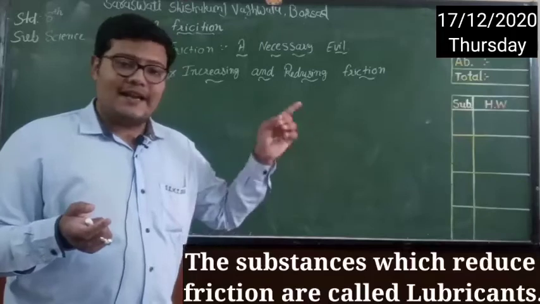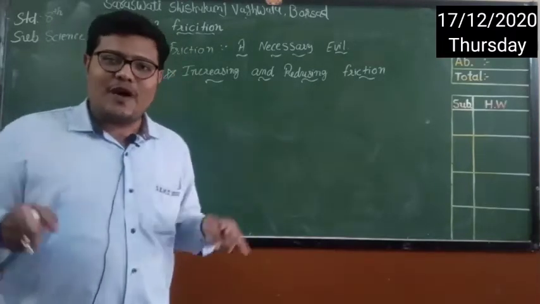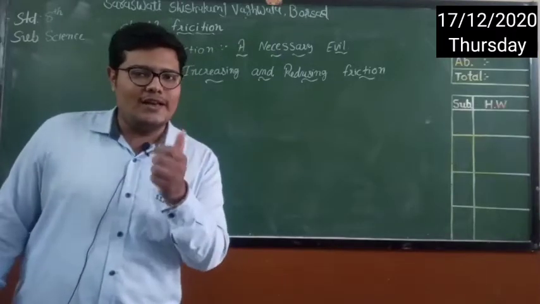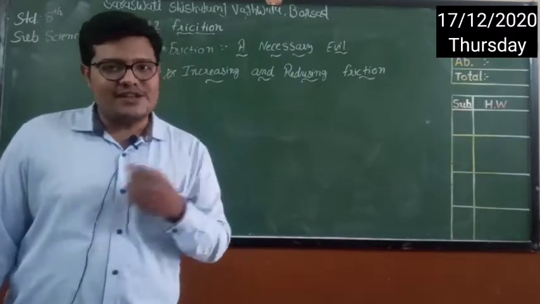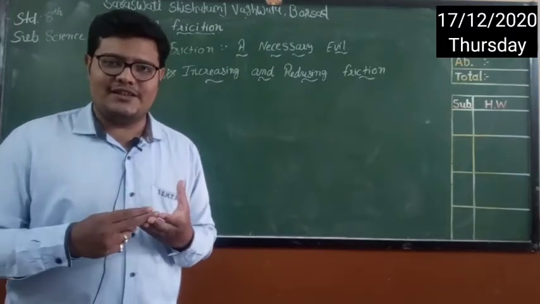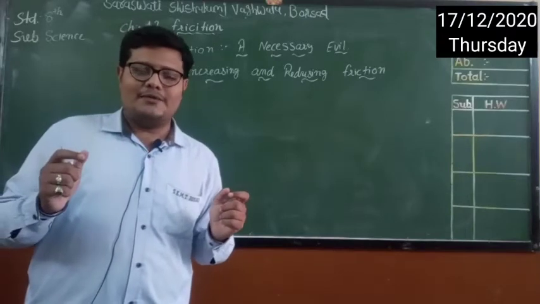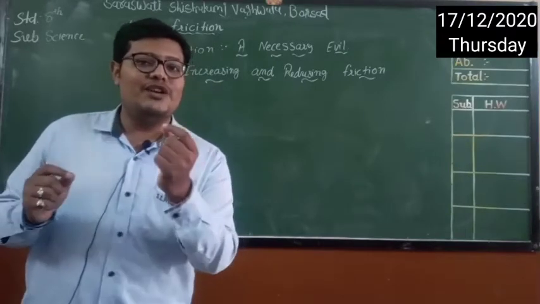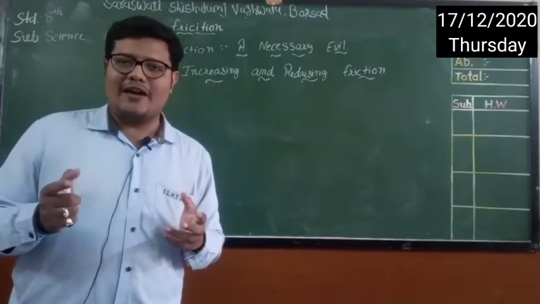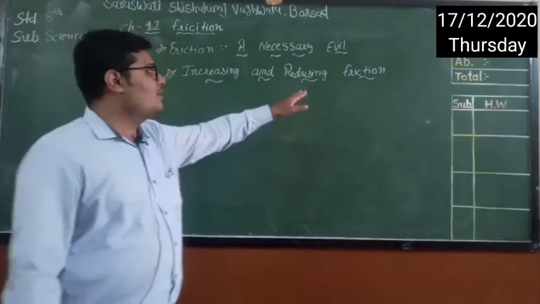In the case of that hinge joint, that oil is a lubricant. In the case of our motor vehicles, engine oil is a lubricant. Whatever substances we are using to reduce the friction are called lubricants. In definition form, again I am saying, the substances which reduce friction are called lubricants. So by using lubricants we can reduce the friction.